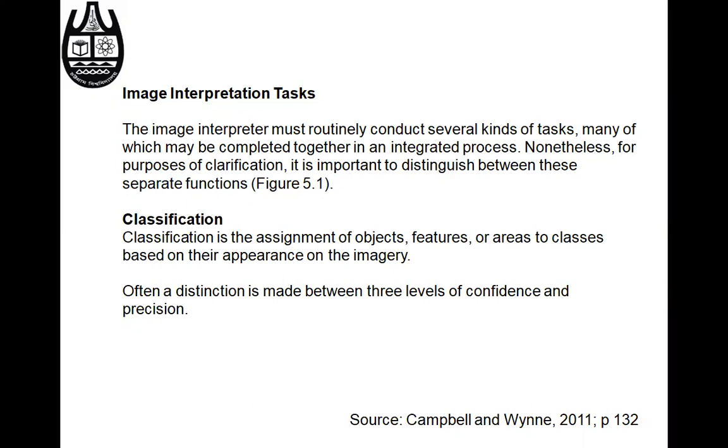The first task of image interpretation is to classify the objects or features inside your image. So you have an image of many things, and now you want to interpret it. The first task is to classify.